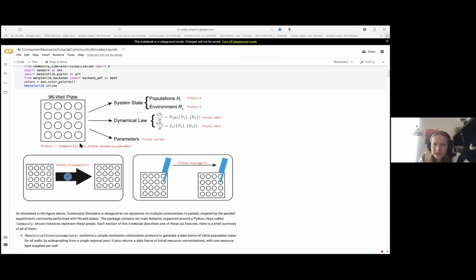And then they developed this function called community. This function community basically grabs your initial state for the plate, your dynamics laws that you specified in the functional form, your parameters, and it just runs your simulations.